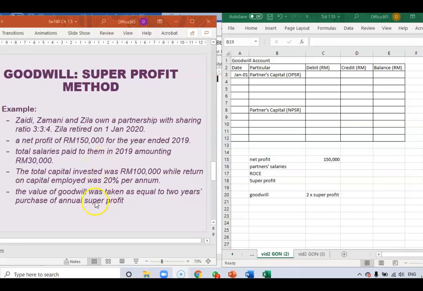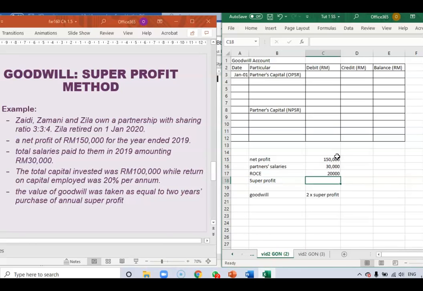Okay, so the value of the goodwill was taken. They decide the value of goodwill is with 2 years purchase of annual super profit. So your calculations just now: the net profit is 150,000, and the total salary is 30,000, and the return on capital employed, ROCE, is 100,000, the capital that has been invested, multiplied with 20%.